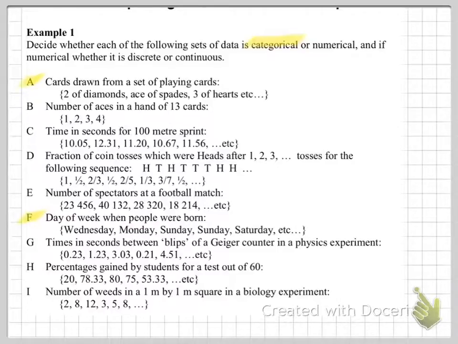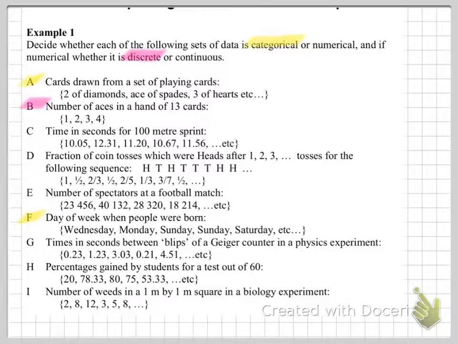Now with discrete data, for the remainder, the ones that are not yellow, if I just do discrete as purple, so B would be discrete, number of aces in the hand, because it's fixed. C would be continuous, simply because of the time in seconds.